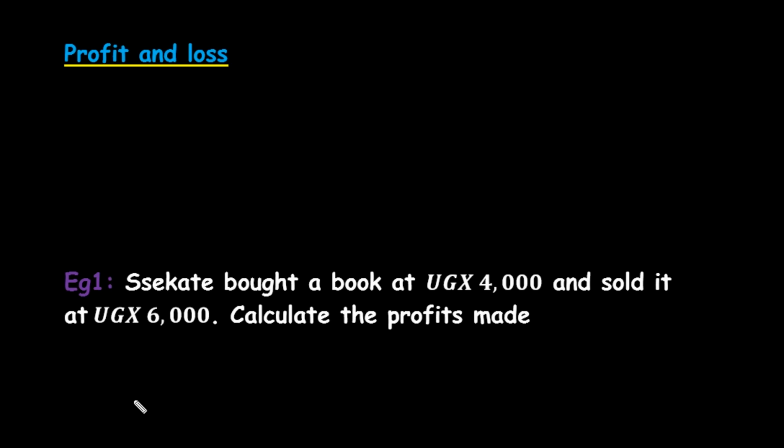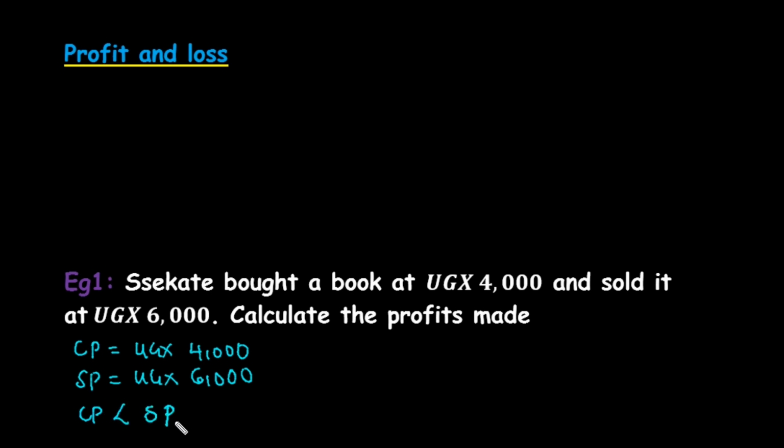Calculate the profit made. Is that okay? Now the cost price is 4,000 Ugandan shillings and the selling price is 6,000 Ugandan shillings. What does that mean? CP is less than SP. Therefore, Sekate is making what we call a what?